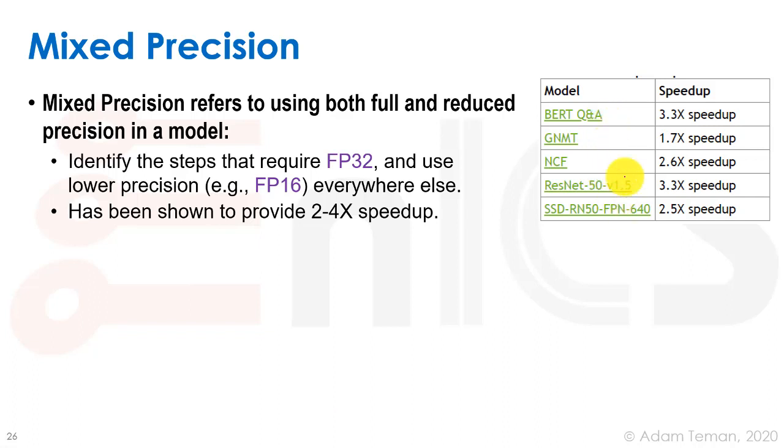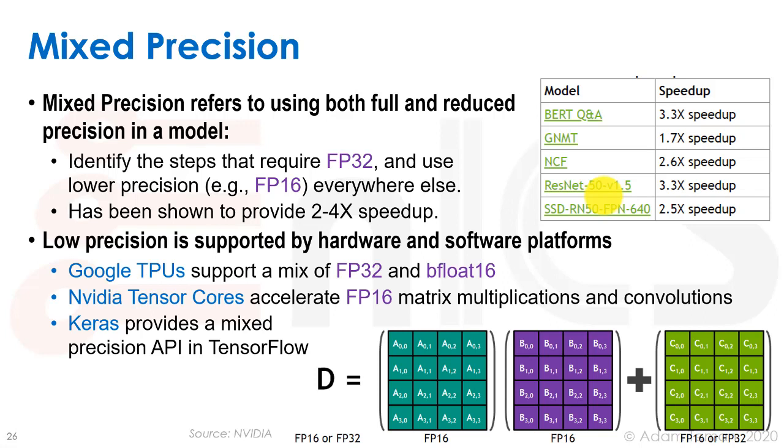So you see different popular networks and the different types of speedups that were found if they use this mixed precision, where in some places we used 32 bits and in some places we lowered it to FP16. In fact, industry has come up with inference at 8-bit integer precision, and for training, Google TPUs now support a mix of FP32 and bfloat16.